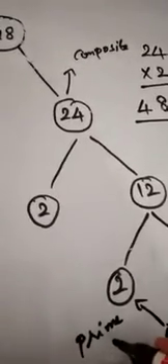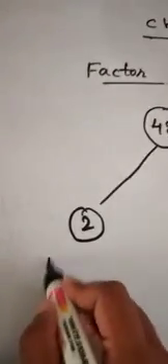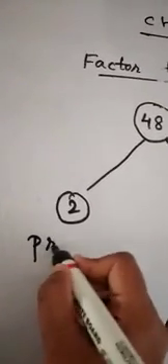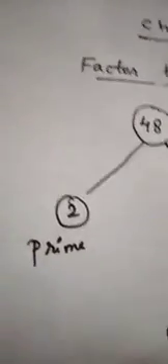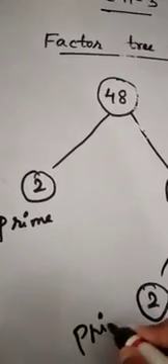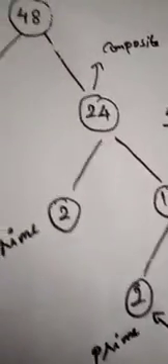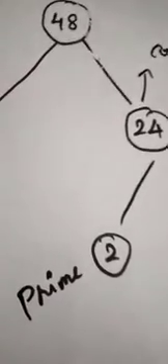That's why I am considering this an even prime number. So here also only 2, 2, 2 are there. Don't be confused. This is an even prime number as we are using in the factor tree method.